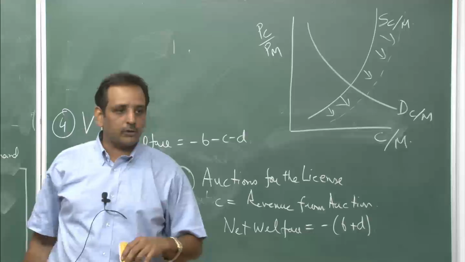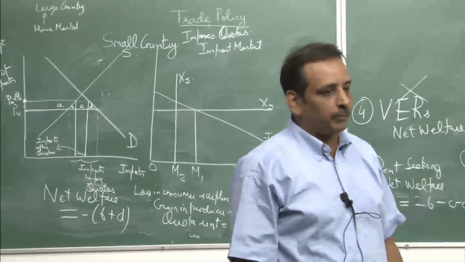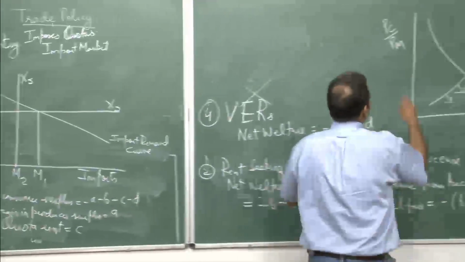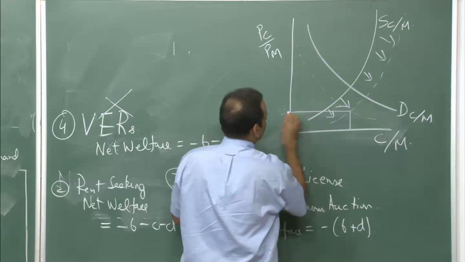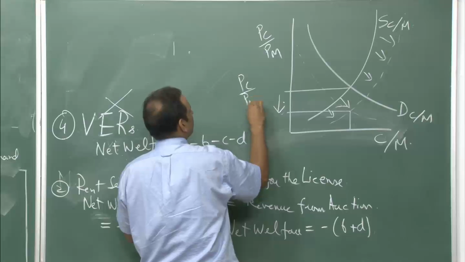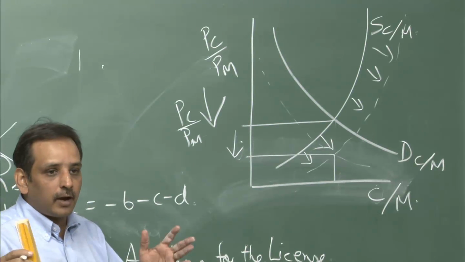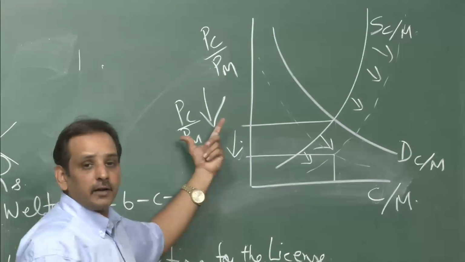But then there is something else which happens. There are consumers also. As soon as they see that the price of the exported good goes up, what happens to the demand? It goes down. So the demand goes down, and with the new terms of trade PC by PM, the international prices go down. Now this is what you have to understand. As you give export subsidies, the terms of trade goes down.